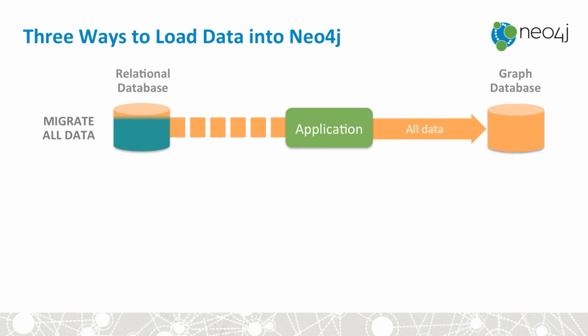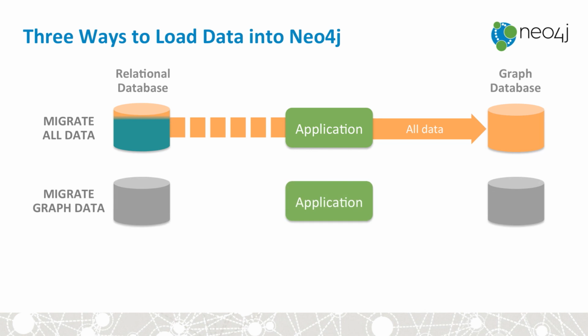So there's several different ways to load your data and use your data in Neo4j. You can migrate all your data. Certainly, this is something that many companies do for applications, is migrate all their data, and they see the value in using graph databases for their data problems.